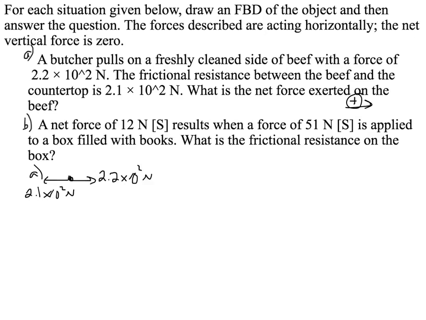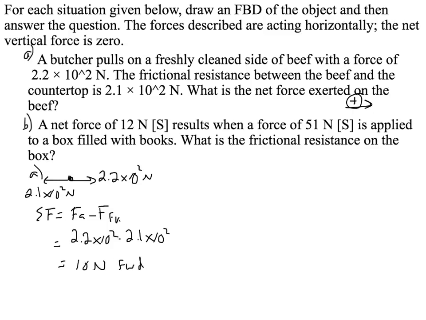It's quite easy. The sum of the forces is Fa minus F friction, in this case kinetic friction. Therefore, the sum of the forces equals 2.2 times 10 to the 2 minus 2.1 times 10 to the 2, which equals simply 10 newtons forward.